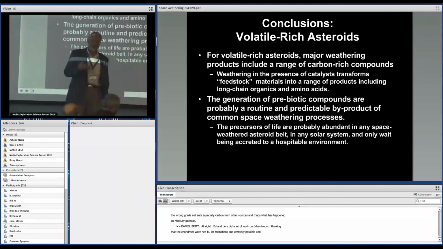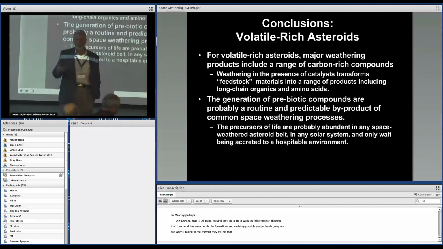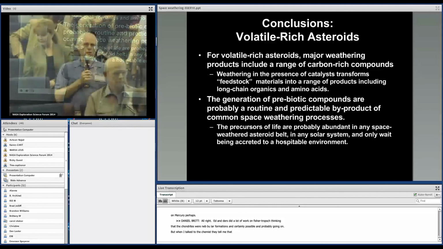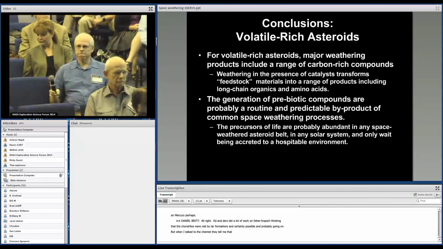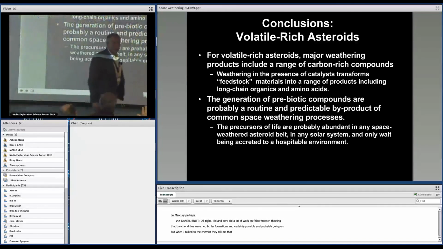But when I talk to the chemists, they tell me that doing these kinds of reactions on solid surfaces is vastly more efficient than doing them in a gas phase, like a nebula. So, I certainly don't rule out any other way of making these things. I think that this is just a possibility for a fairly efficient way of routinely making those kinds of products. There is the third way, on the parent body during aqueous alteration. Yeah, and that's also possible.